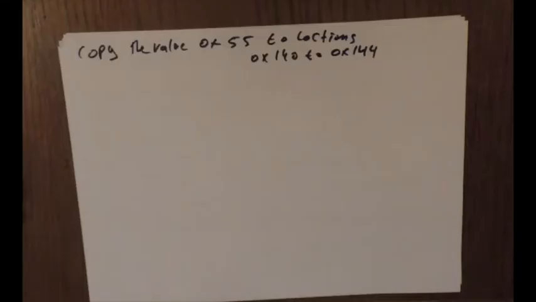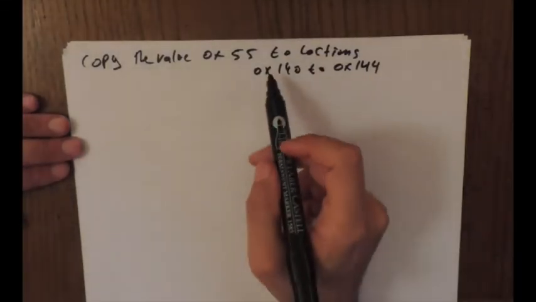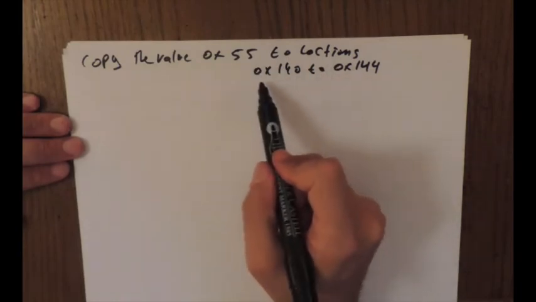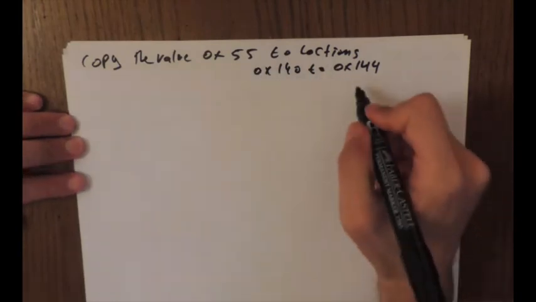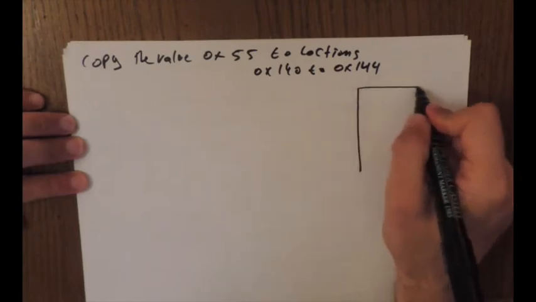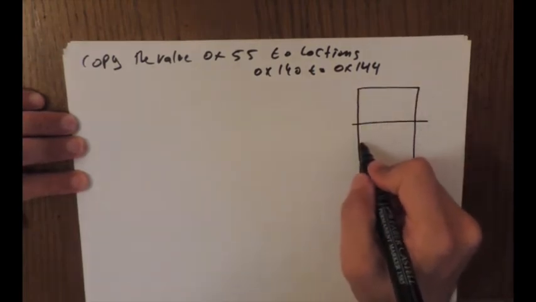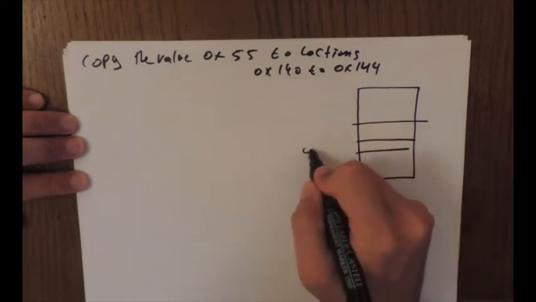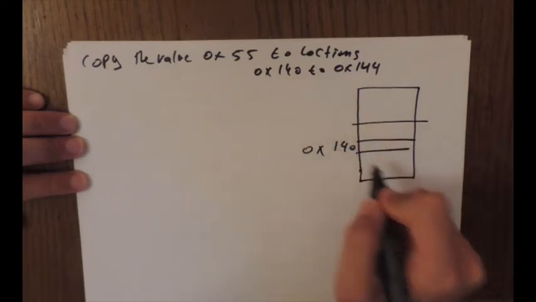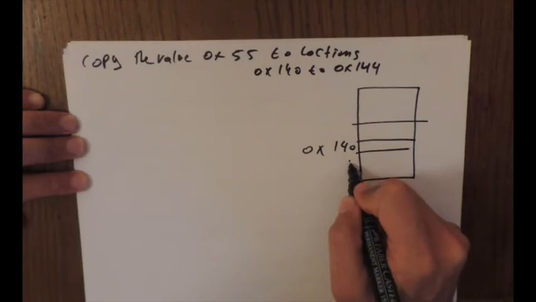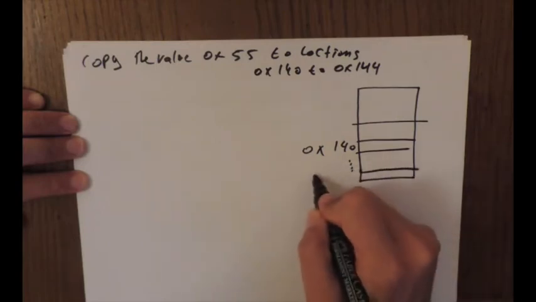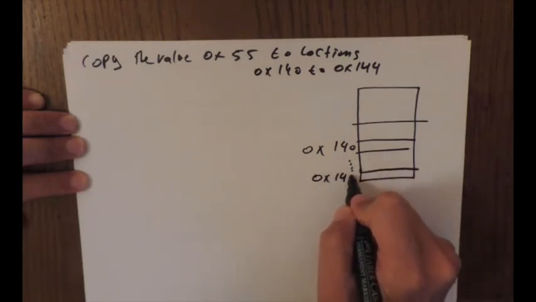I want to copy the value 0x55 to location 0x140 to 0x144. So what do I mean by this? So first, let's say this is location 0x140, and I'm going to go all the way to 0x144.